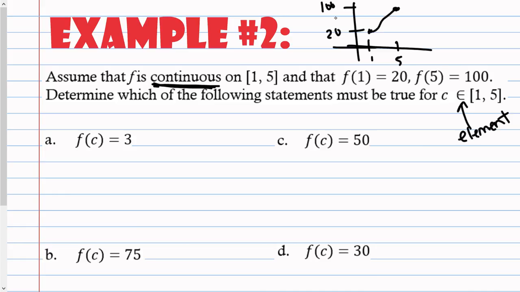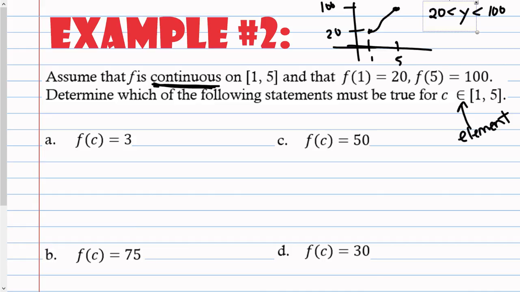Now, it should be obvious at this point that since it's continuous, the smallest y value is 20 and the biggest one is 100. Because we're checking for the IVT here, it didn't say intermediate value theorem, but that's what we're doing.